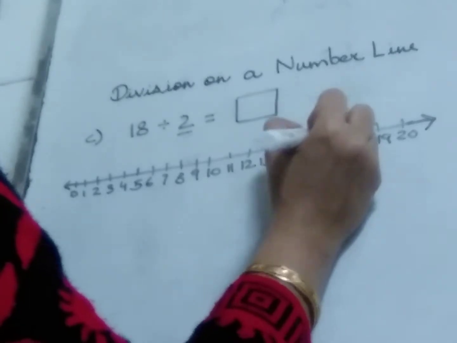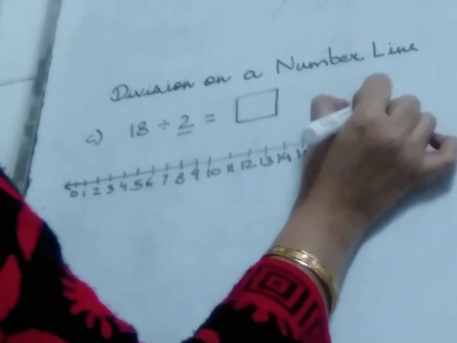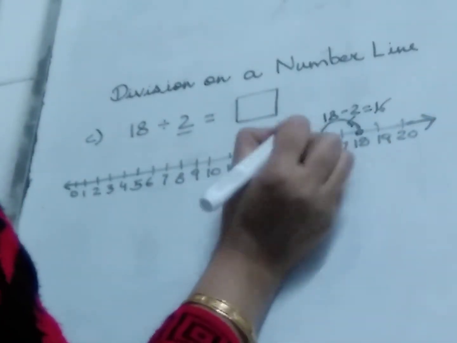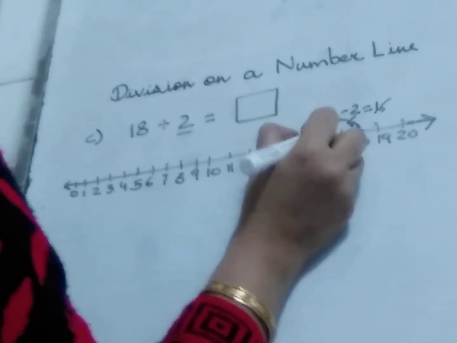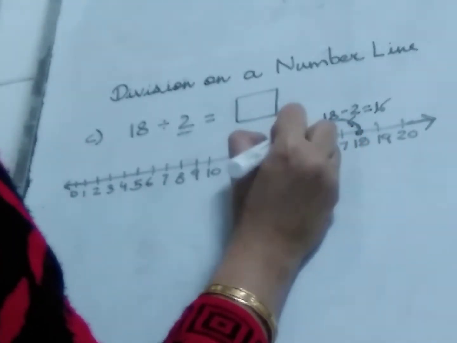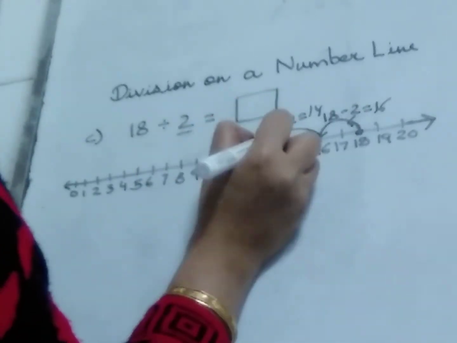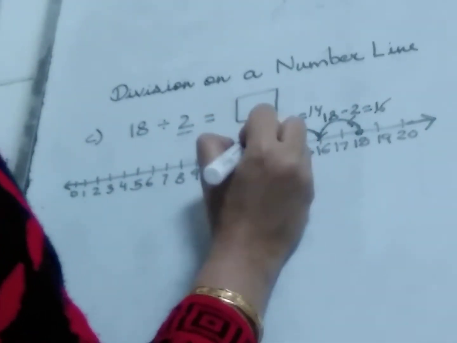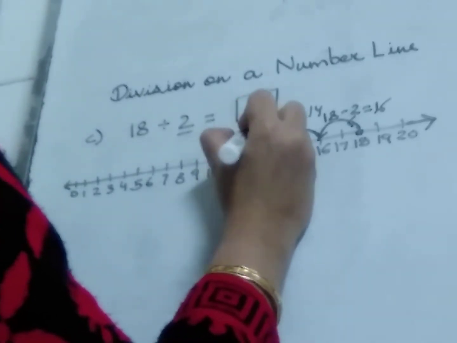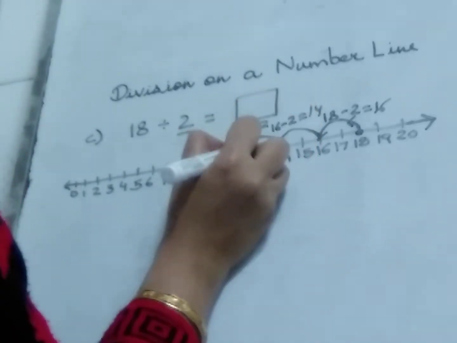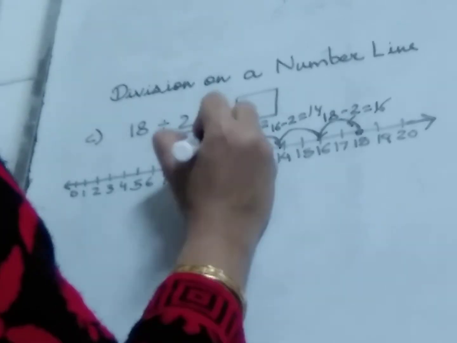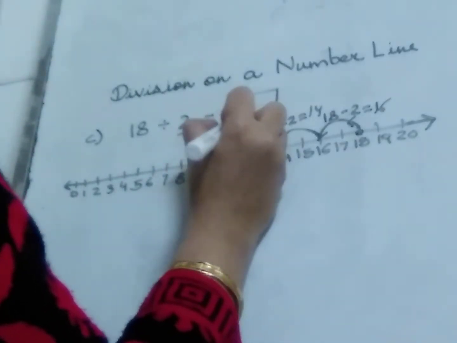So 18 minus 2 gives you 16. This is your first step. 16 minus 2, you get 14. Second step. 14 minus 2, you get 12. Third step. 12 minus 2, you get 10.